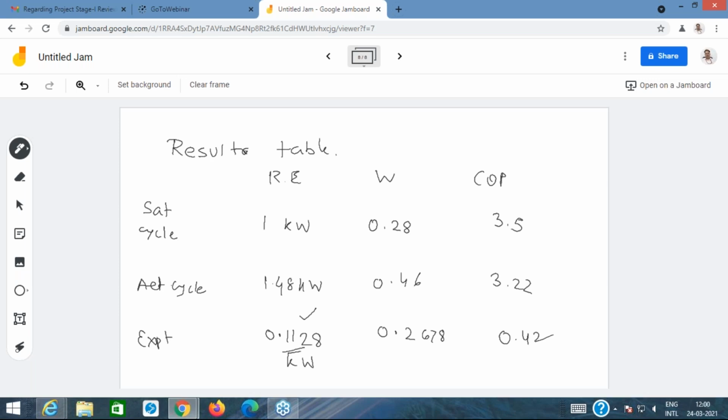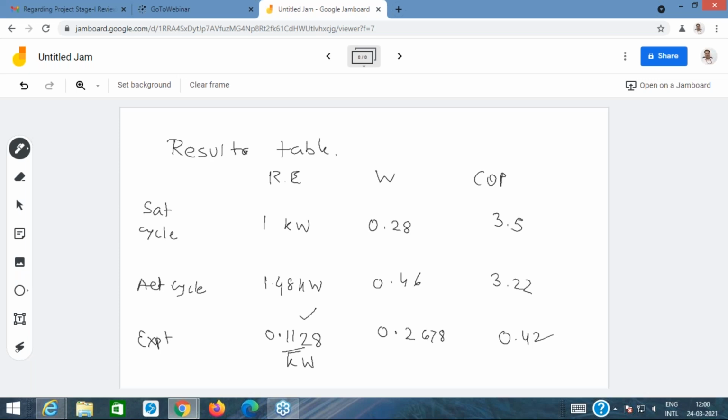So this is the result table from which you can conclude. What do you conclude? Looking at these values, the coefficient of performance of the cycles is pretty different when you do the analysis by different methods, and that has to do with the accuracy of the observations and also with the cycles.